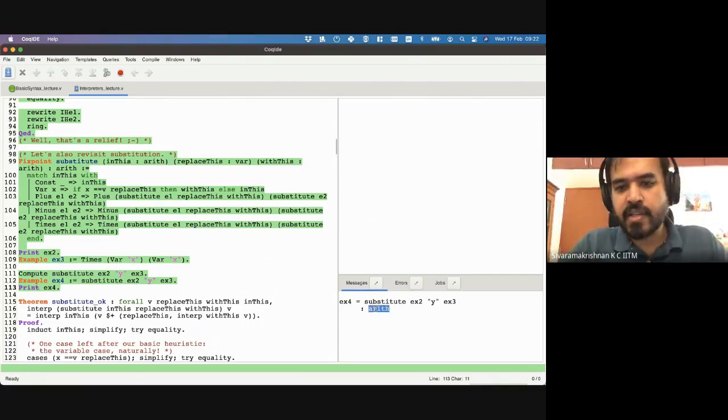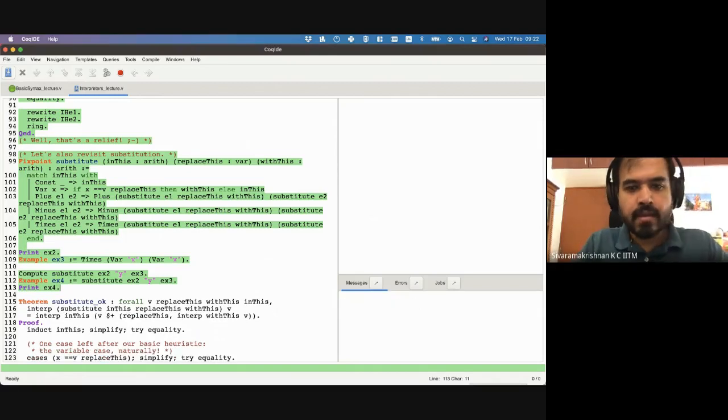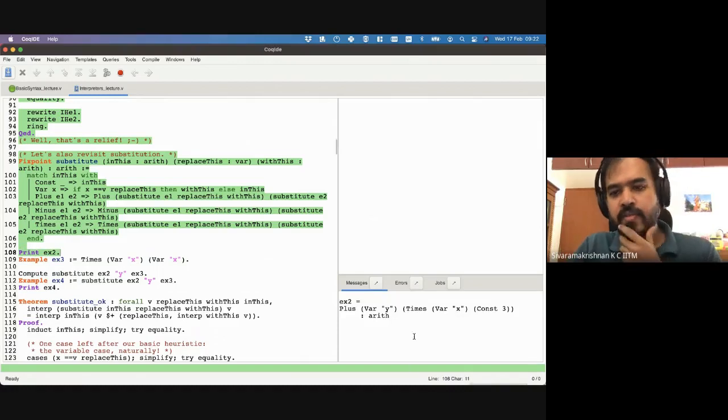It's an arithmetic expression. So what I say is, let's compute. Actually, I can't interpret. Yeah, that's the downside here. So when we evaluate ex2, what do we get?